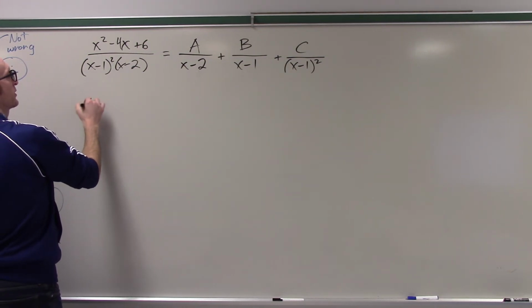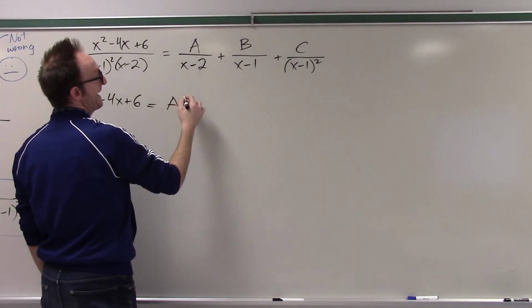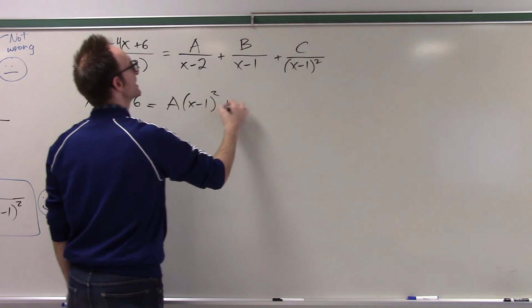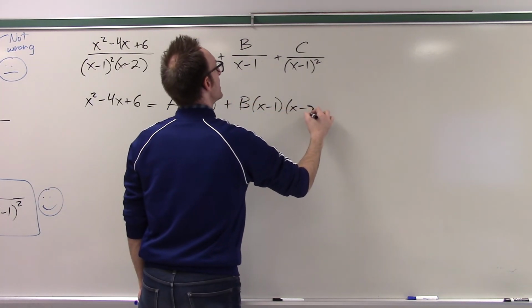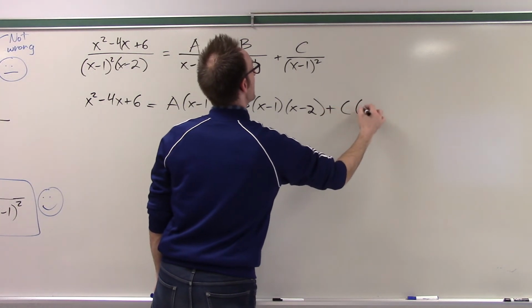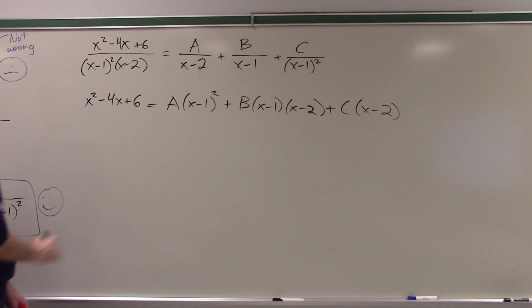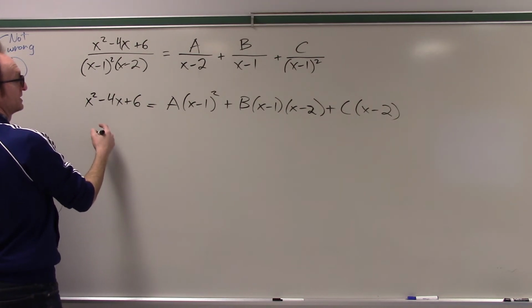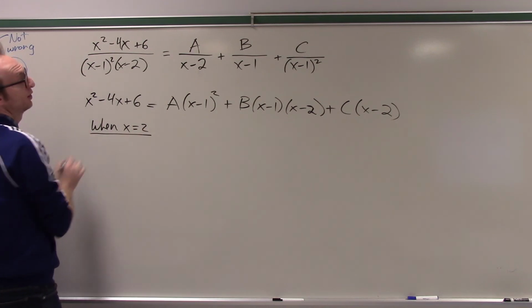Of course, if I multiply through by those denominators, then I get a times x minus 1 squared plus b times x minus 1 times x minus 2 plus c times x minus 2. I think I did that correctly. And now it should be pretty easy to plug in x equals 2.